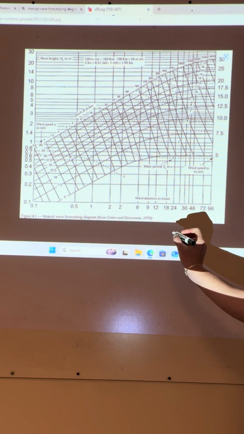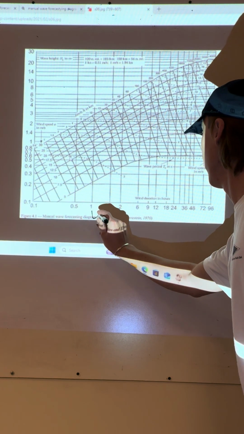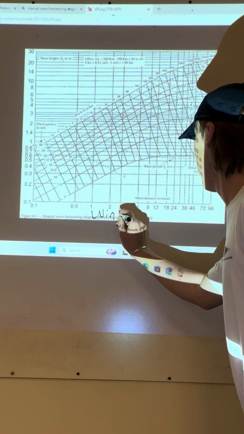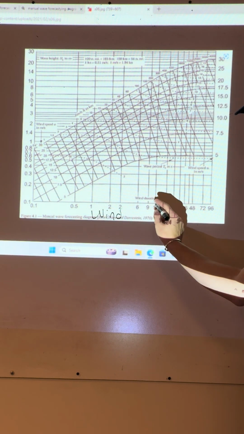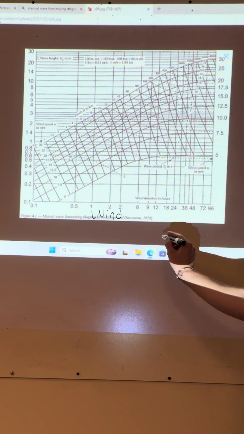So here we have wind. And this looks like time. Wind duration in hours.